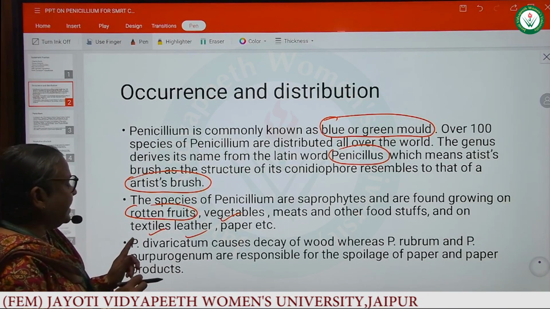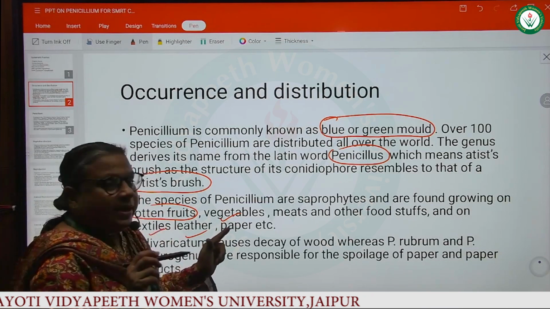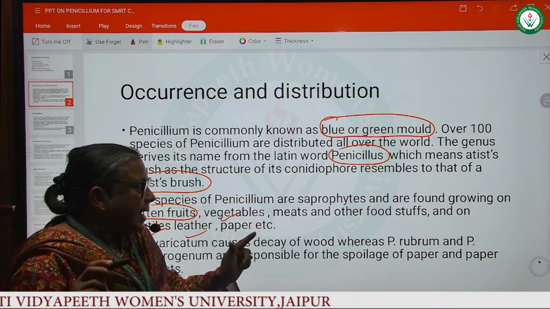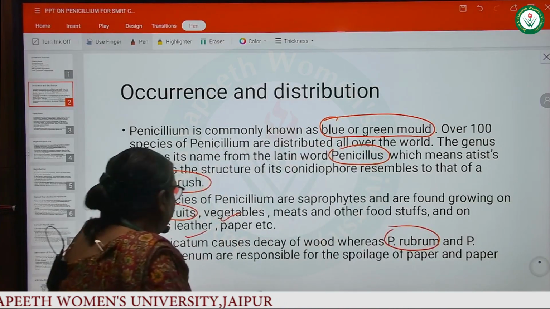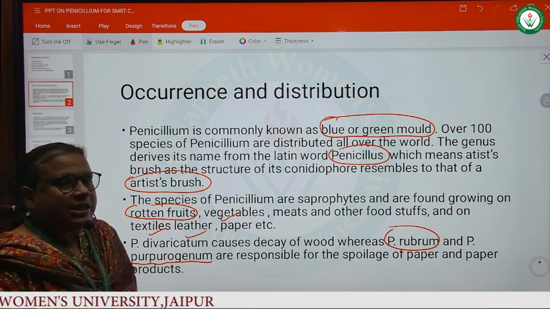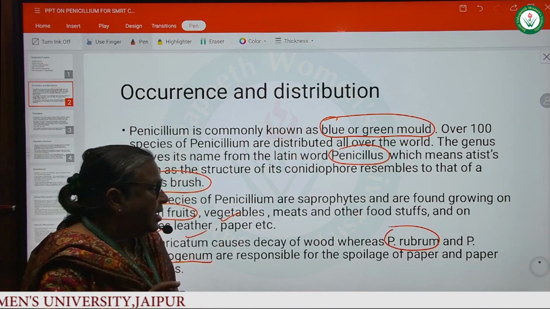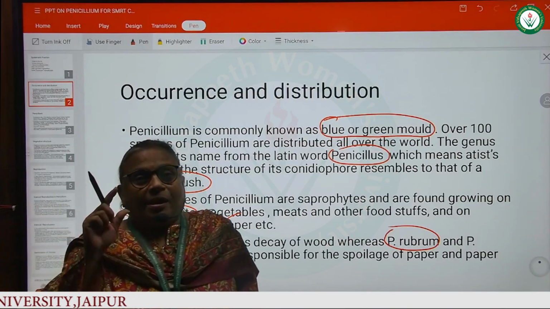Penicillium divaricatum causes decay of wood, whereas Penicillium rubrum and Penicillium purpurogenum are responsible for the spoilage of paper and paper products.